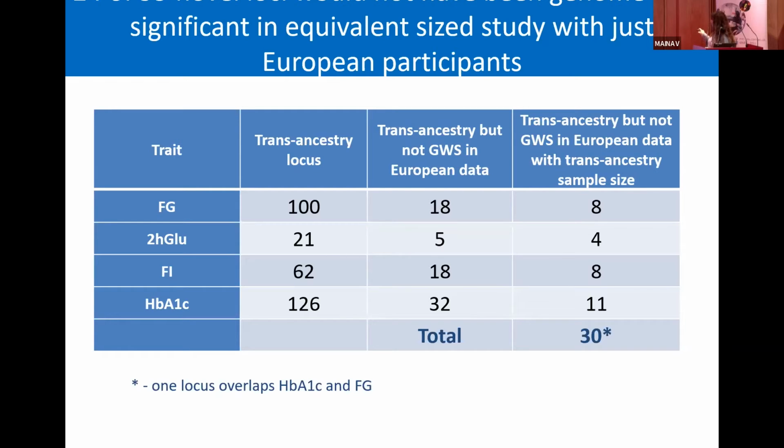And we found that if we did that, had we had the same sample size as in the multi-ancestry analysis, just comprised of European participants, we would have found 30, or actually 29, because there's one double counted, 29 fewer loci than including the diverse populations. And of those, 24 were novel.